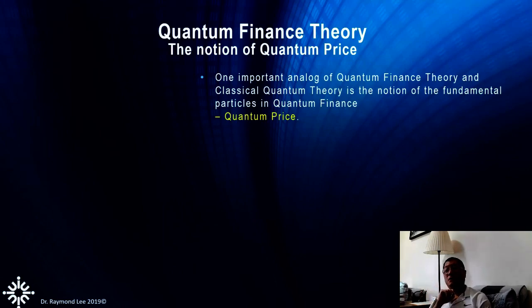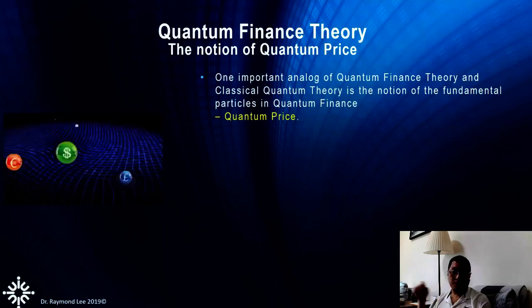So one important analog between financial field theory and classical quantum field theory is the notion of the financial particle in quantum finance, the quantum price. As I always say, quantum price is a very interesting thing, which in some sense has a direct analog to quantum field theory or quantum mechanics, just like the potential energies or the gravitational field.